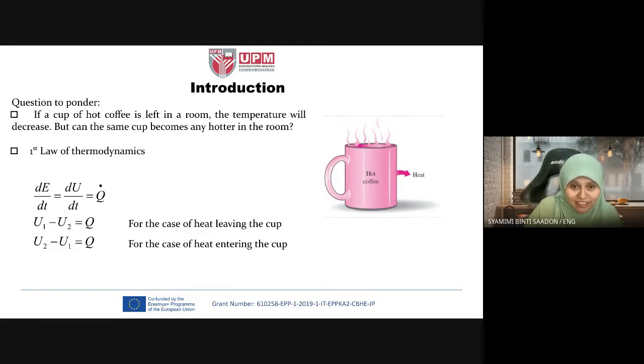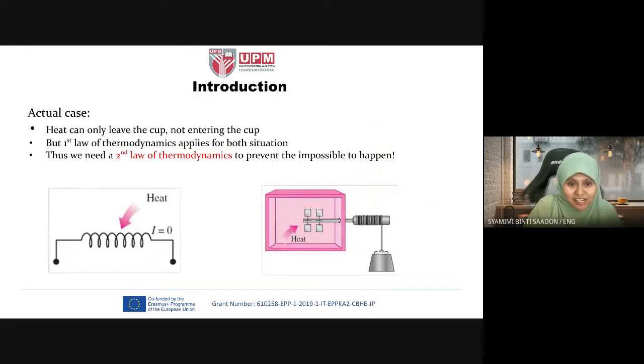That's why we need the second law of thermodynamics to explain this situation. In an actual case, heat can only leave the cup, not enter the cup. But the first law of thermodynamics applies for both situations, because it doesn't say whether you couldn't write it from the opposite direction, U2 minus U1 or U1 minus U2.